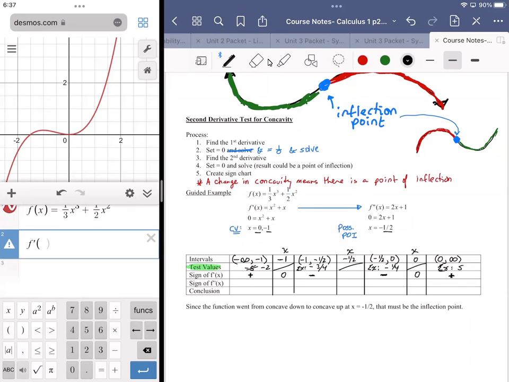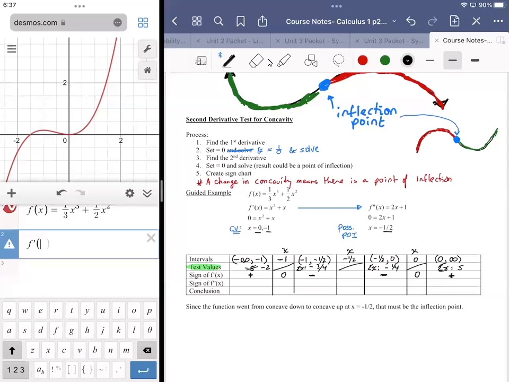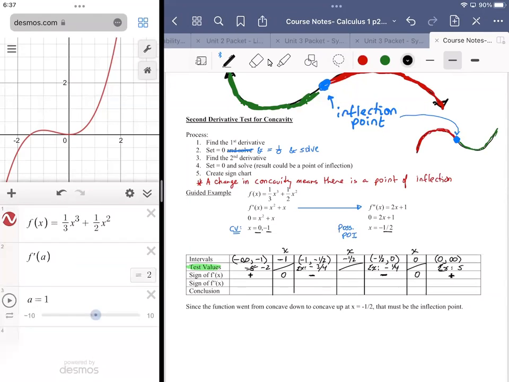Right. Now we talked about this last time. Sliders are a really efficient tool when it comes to this, because if I select the slider at A, now I can just slide. I'd slide from -infinity, quote unquote, to -1.